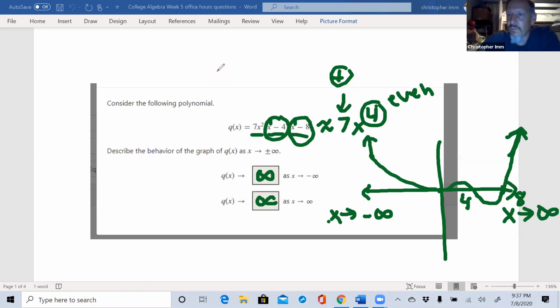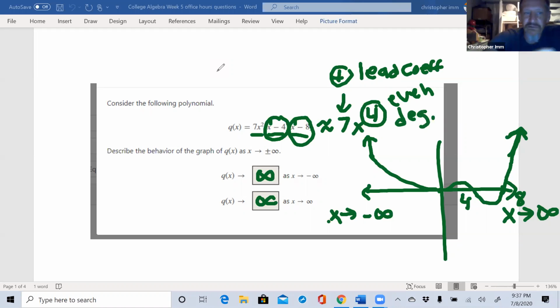But in general, when you have the leading coefficient and the degree, there's essentially 4 cases for the end behavior. And I'll go over those really briefly, just sort of pictorially.